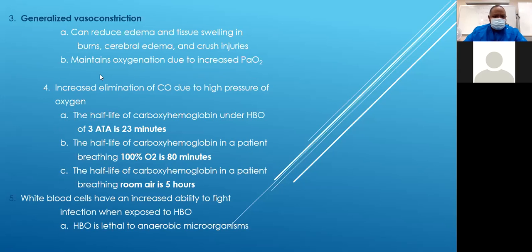Let's see. Okay. Increased elimination of carbon monoxide due to high pressures of oxygen. Remember what we said? We said the hemoglobin loves carbon monoxide. How many times more? 200 times more. So how did I say we treat a carbon monoxide patient? Give them 100% oxygen.